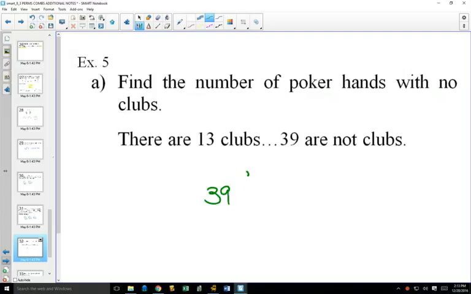Well, I just have to choose 5 from 39. And this is actually a very pretty number. Doesn't that look pretty? There are 575,757 poker hands without any clubs.